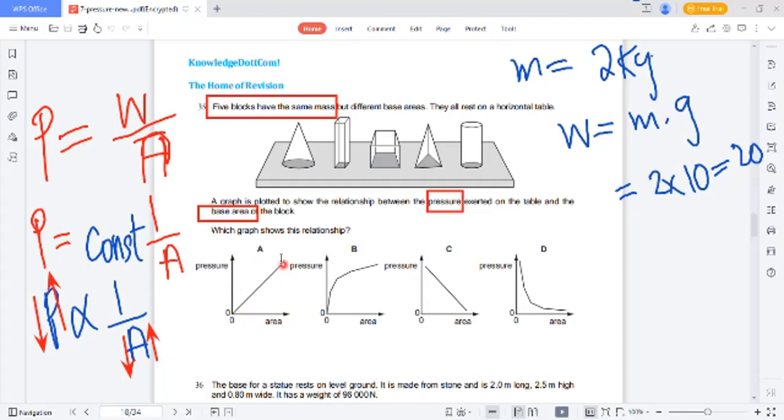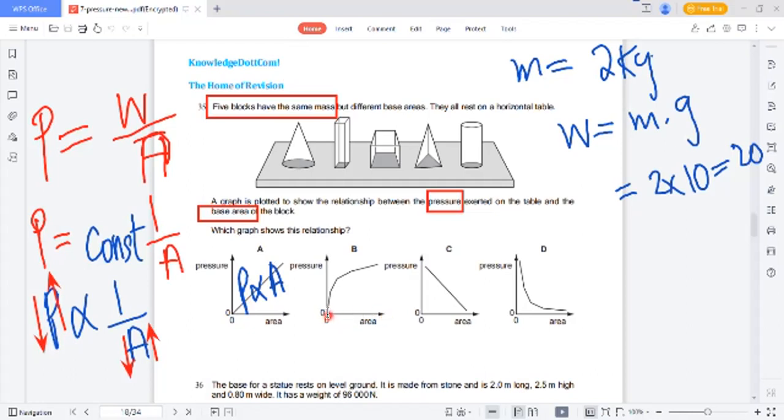You just go down in a graph, you will see pressure is here, area is here. If you go here, pressure is here, area is here. If you go back, pressure is here, area is here. It means this graph represents that the pressure and area are directly proportional, which is incorrect statement. In this graph, both pressure and area are directly proportional. Okay, look at this.